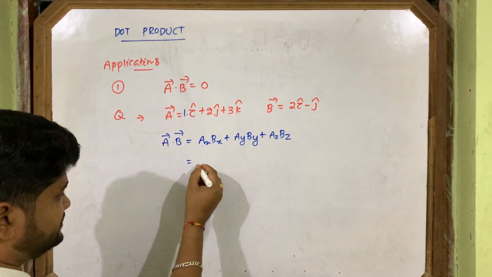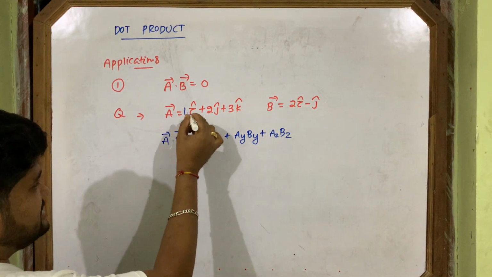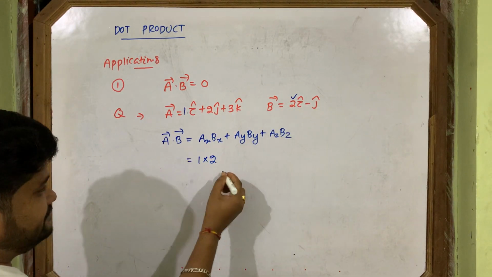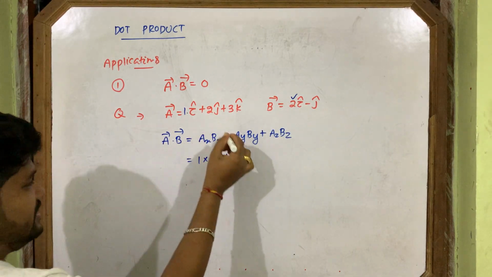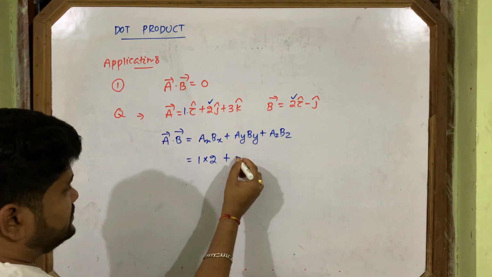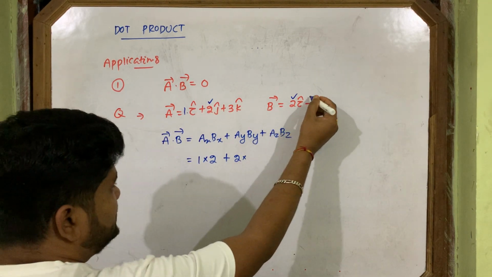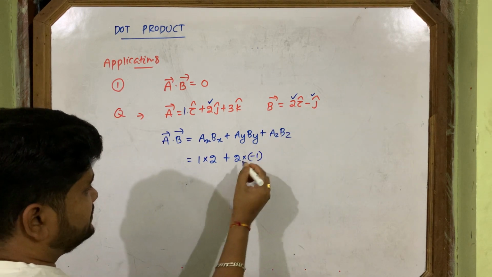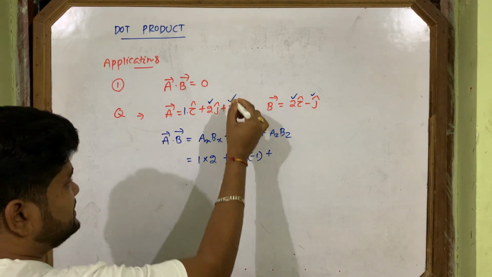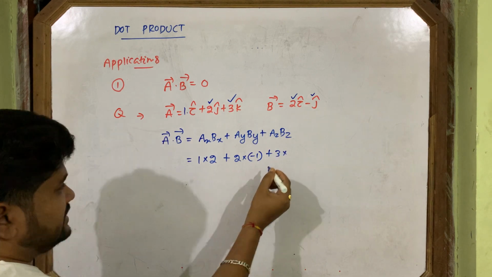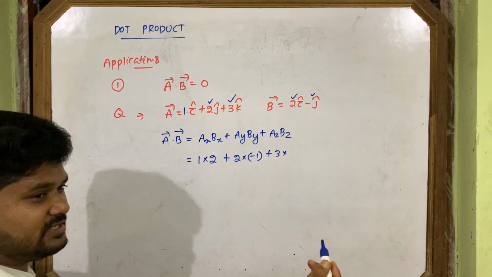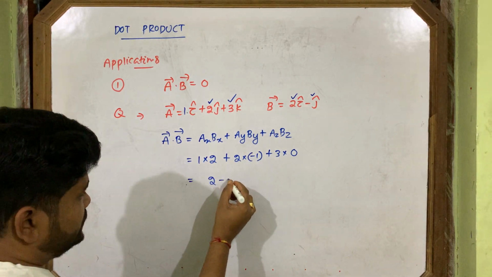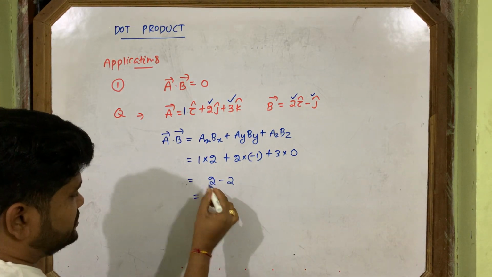So ax is 1. Bx is how much? This is 2. Then here ay is 2, here by is minus 1. Then here az is 3, here bz is nothing. Nothing means 0. So what is coming? 2 minus 2 is equal to 0.